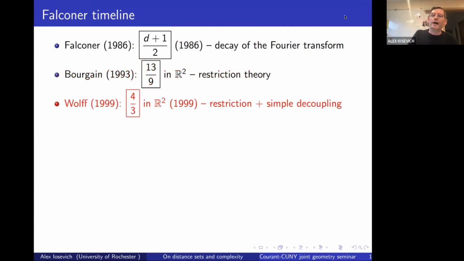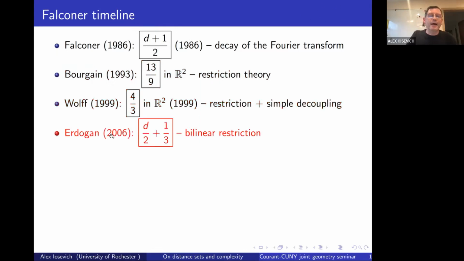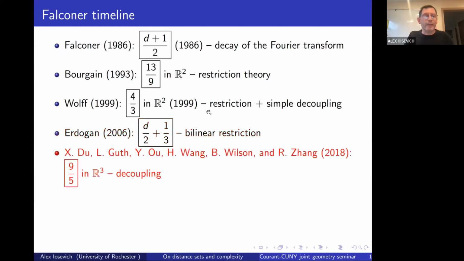Then Wolff sharpened the exponent to 4/3, and Erdős obtained d over 2 plus 1/3 in higher dimensions. So notice that it took 20 years and much of the machinery of modern harmonic analysis to go from d plus 1 over 2 to d over 2 plus 1/3. Okay, so this is a superficial indication that maybe the problem is not trivial.